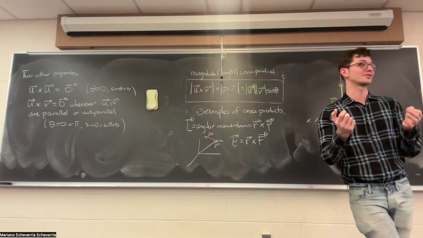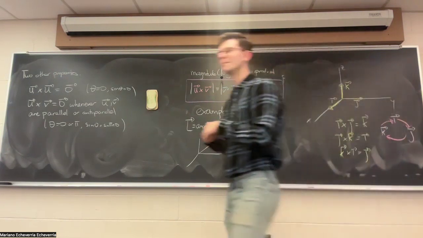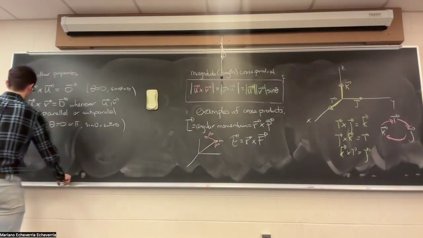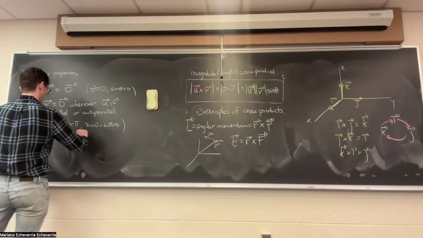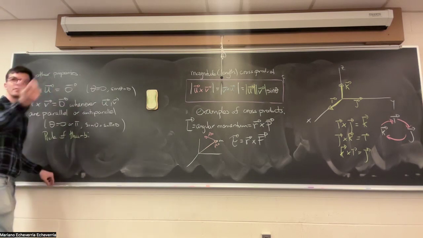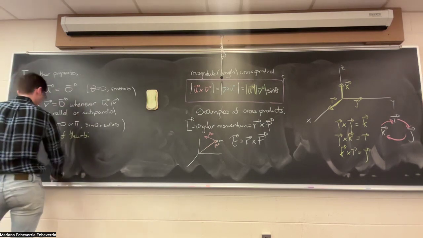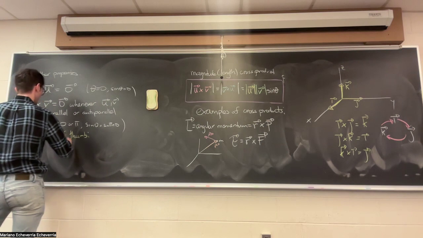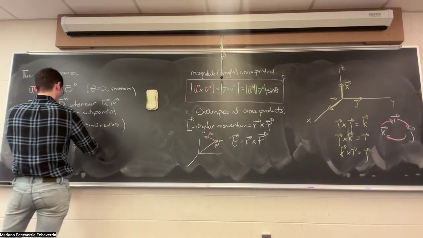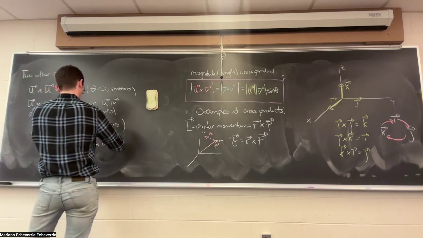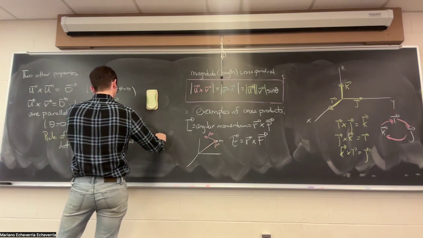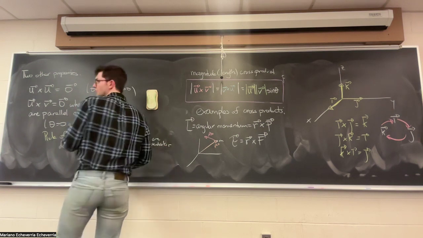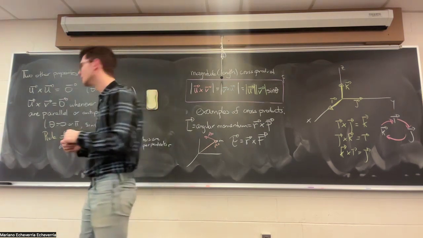If you want to check if two vectors are parallel or not, use the cross product.